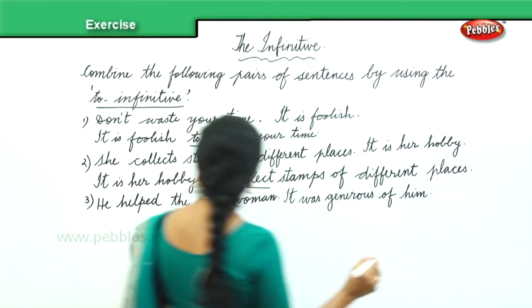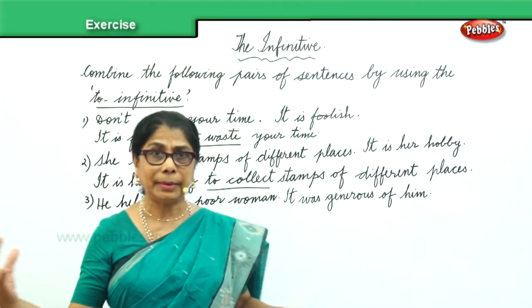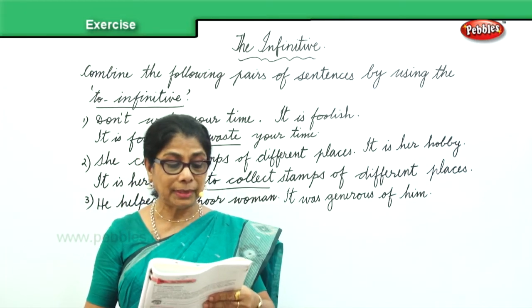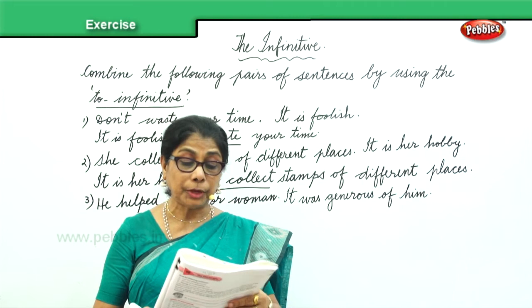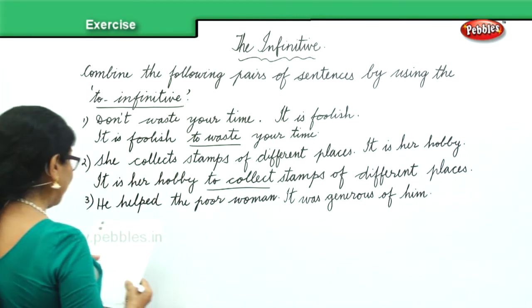So if we have, he helped the poor woman, it was generous of him, let's combine it with the to infinitive. It was generous of him to help the poor woman.